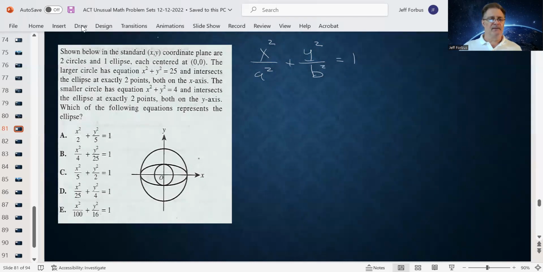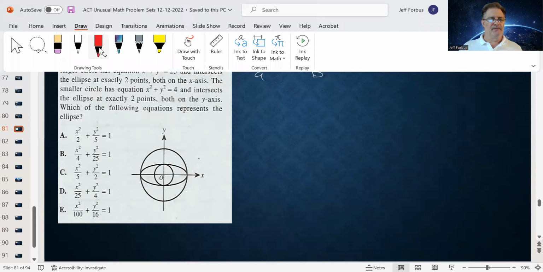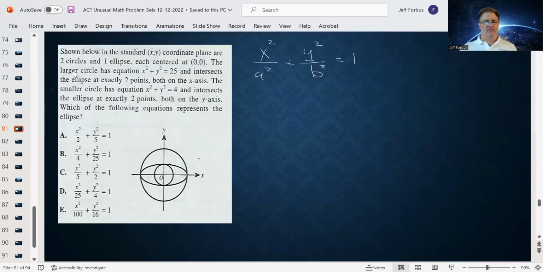Okay, let me get a different colored pen. I'm going to mark on the figure. Now the question says the large circle has the equation x squared plus y squared is equal to 25. So x squared plus y squared is equal to 25. Now, what is 25? That's the radius squared.